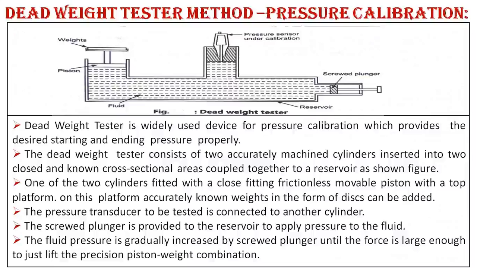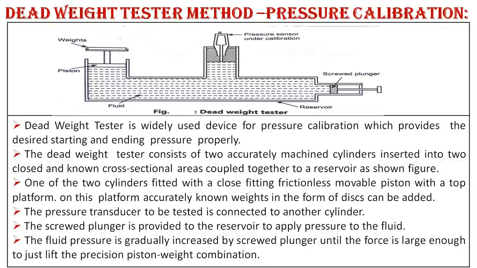Now next concept is the deadweight tester method, that is for pressure calibration purpose. See the diagram, we have to use 2 cylindrical tubes and we have to use weights and plungers and pressure sensors. The deadweight tester is a widely used device for pressure calibration which provides the desired starting and ending pressure profile.